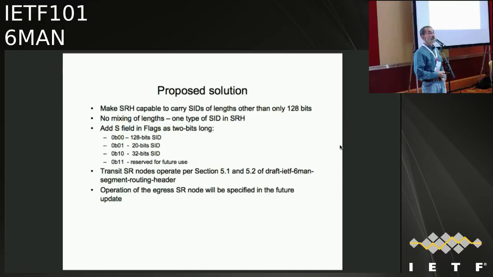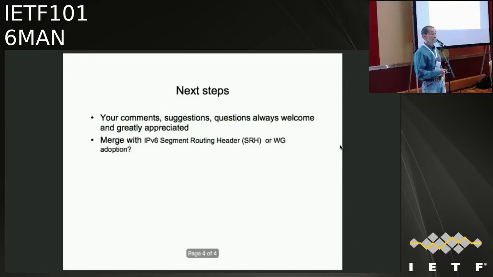And use 2 values for encoding 20-bit and 32-bit SIDs, and then leave 1 more for future use. So the transit SR nodes will operate the same way as described in the segment routing header draft, and the egress SR node definition will be provided in future updates.